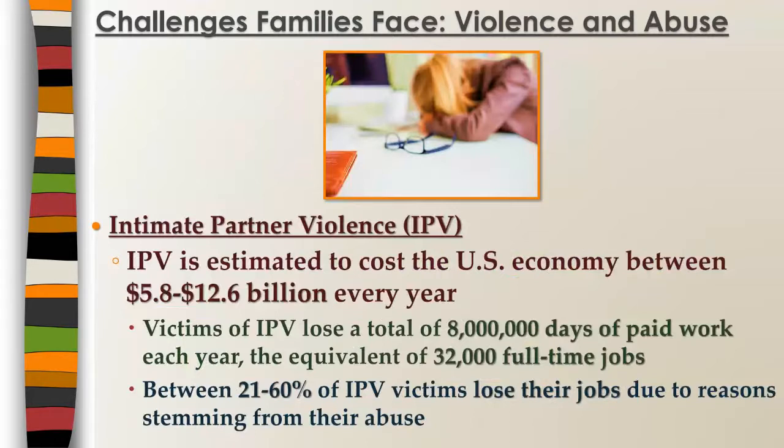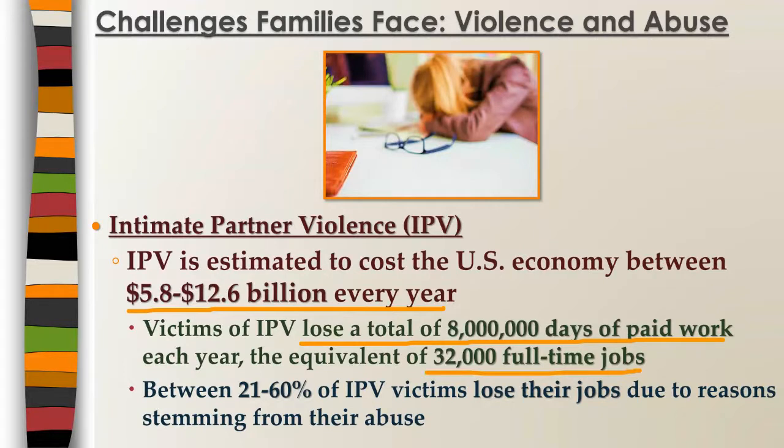IPV is estimated to cost our economy in the US between about $5.8 and $12.6 billion every year. That's because victims of IPV might lose a total of 8 million days of paid work every year, the equivalent of 32,000 full-time jobs.